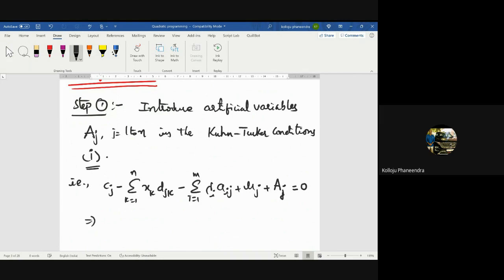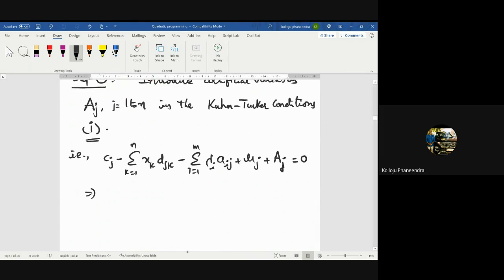You can multiply this by minus also, it doesn't matter. Why I am adding the artificial variable will be clarified for you. This is the first condition, no problem: add an artificial variable in the first Kuhn-Tucker conditions. Step 2.